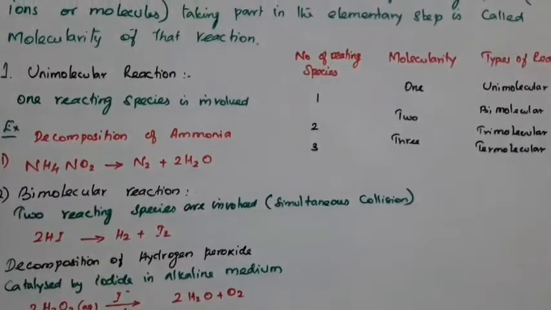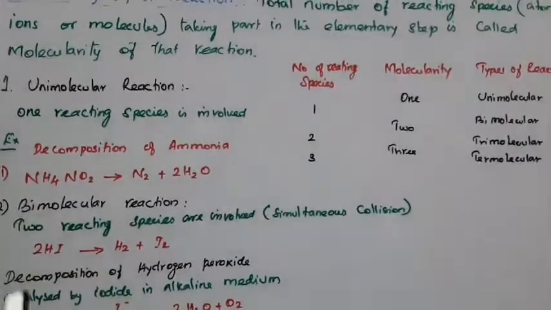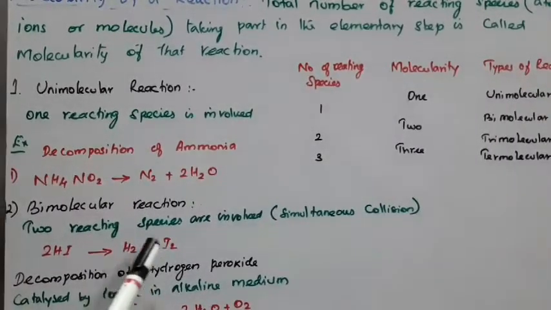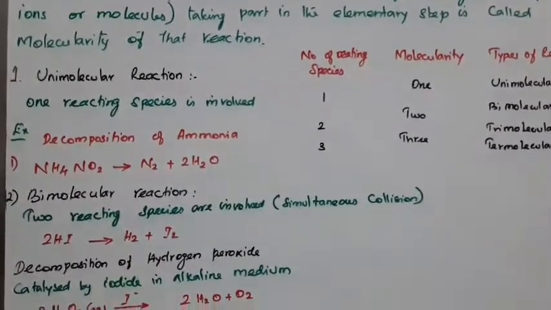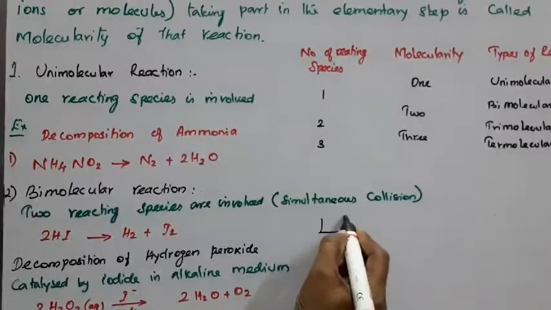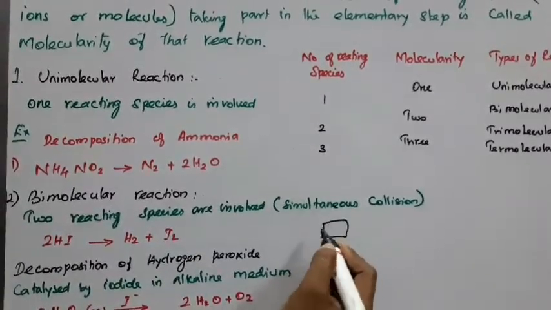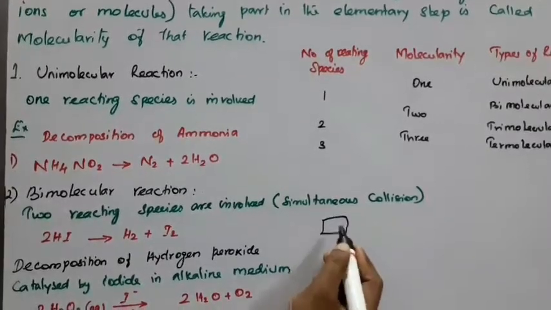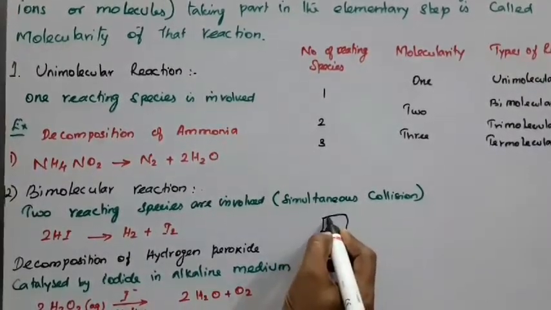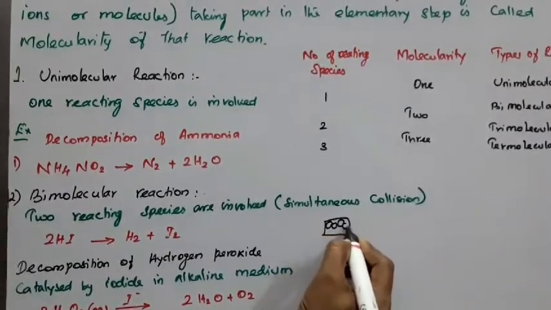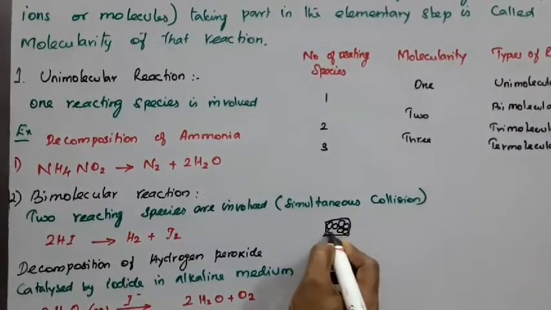In bimolecular reactions, two reacting species are involved and simultaneous collisions take place. Take the decomposition of hydrogen iodide, which gives hydrogen and iodine. Suppose this is one container, and we take a full of hydrogen and iodine species. These hydrogen and iodine molecules collide, meaning collisions take place, approaching each other one to one.